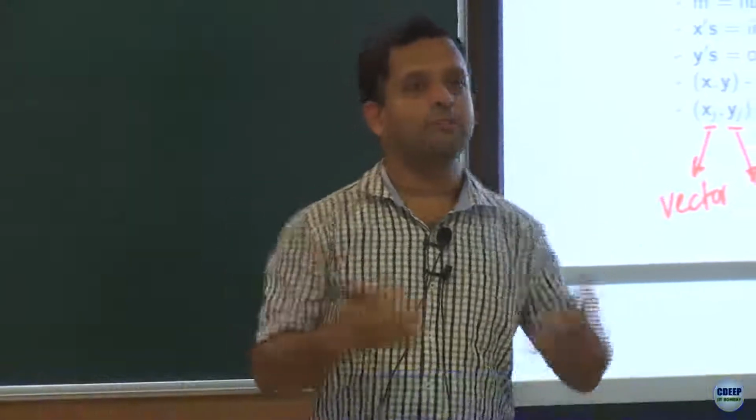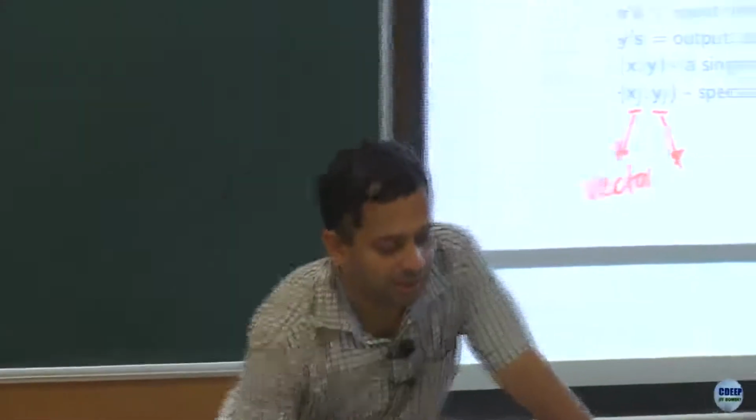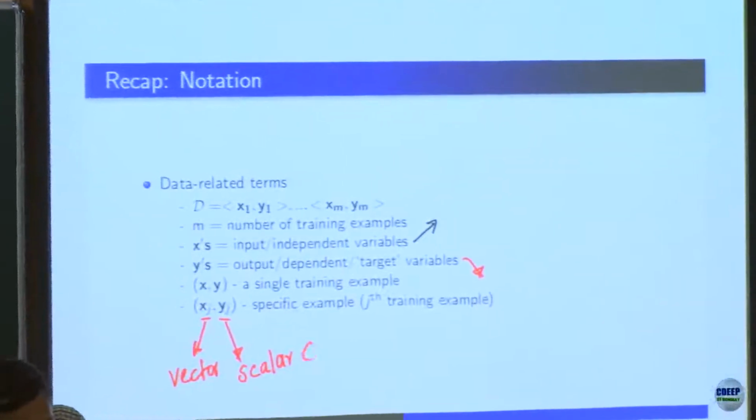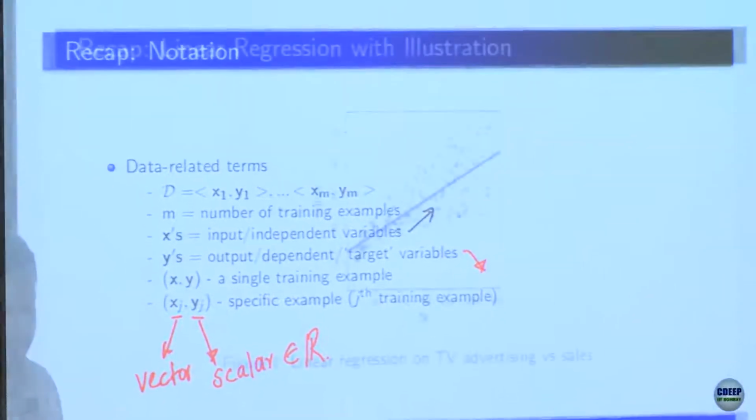So, we'll later probably consider more complex settings where yj itself could be complex, specifically the case of graphical models, Bayesian networks. But here, each yj is a scalar, and more specifically, it's a real.